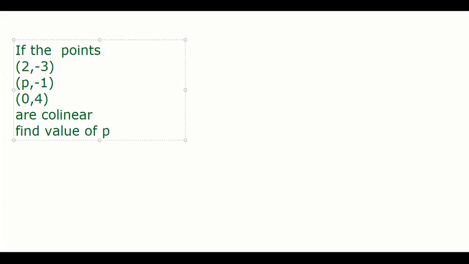Can you solve, guys? I'll give you a few seconds, then we'll solve. How will you solve this? Find the value of p if these points are collinear. I'll wait for 10-15 seconds, then we'll start. Okay.